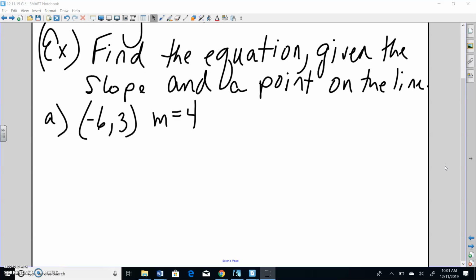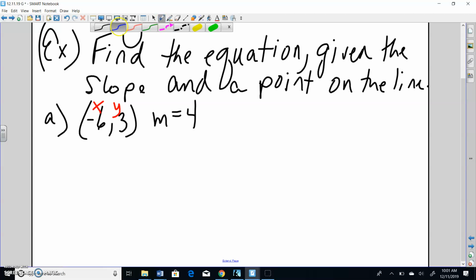So we want to find the equation of the line that goes through the point negative 6, 3 and has a slope of 4. Negative 6, 3 gives us an x value and a y value on our line, and 4 is the slope, that's the m.